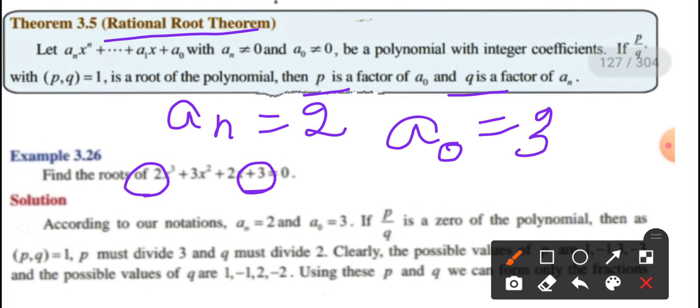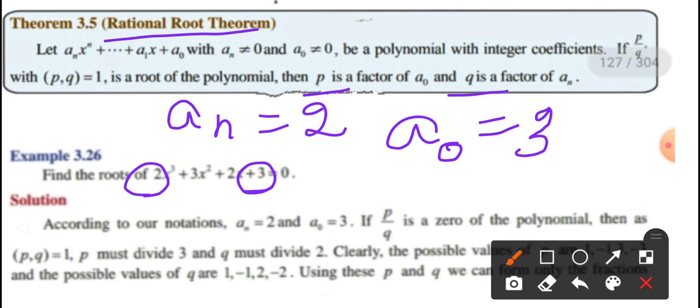Now p is a factor of a_0, and q is a factor of a_n, which is 2. Now we find the factors.